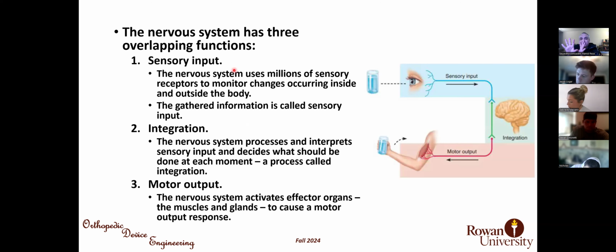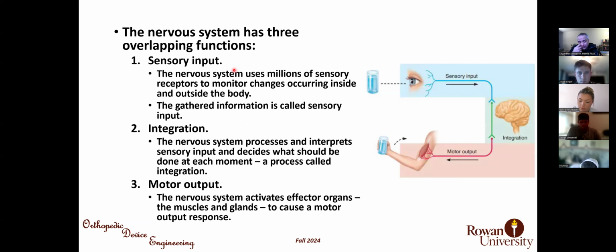For example, the skin touches the environment and you can feel everything around your body. Your eyes see the environment. You can hear with your ears, you can smell with your nose, and you can taste with your tongue. And these are the sensory inputs into your brain.